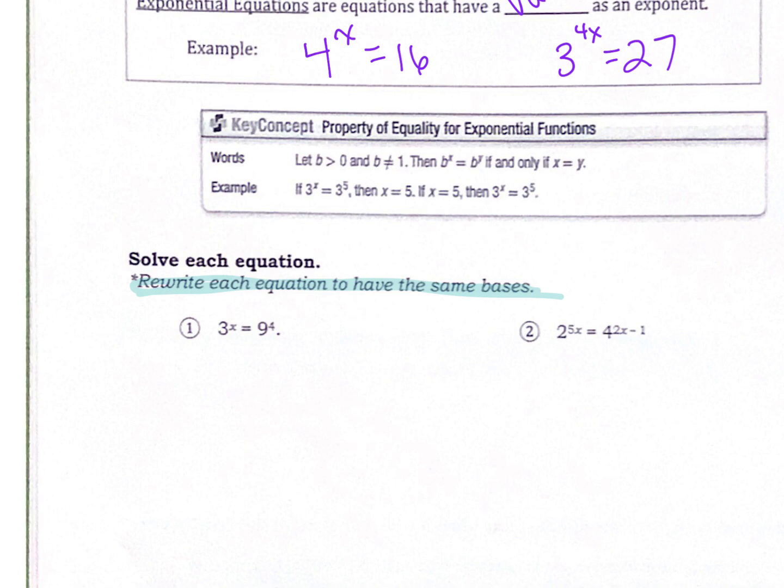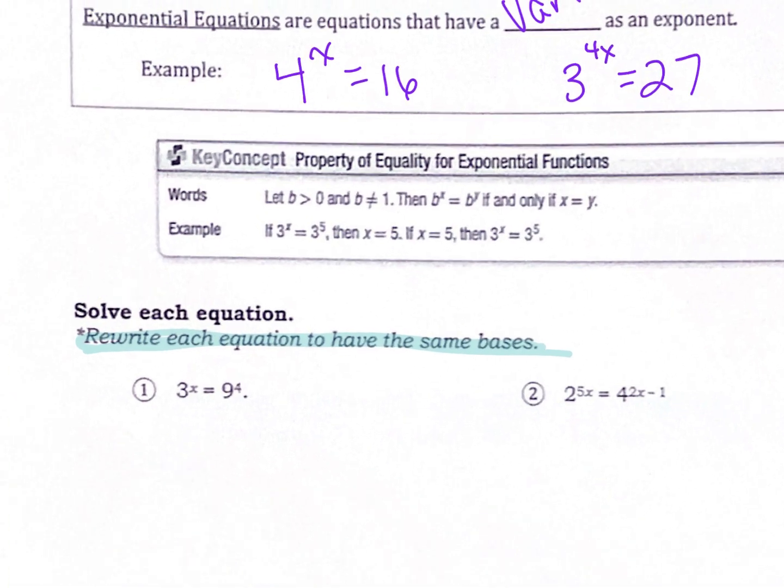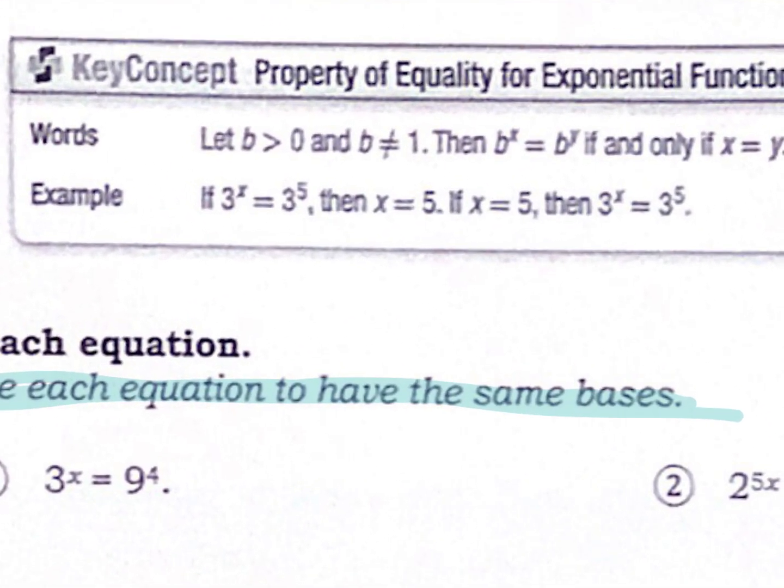Oops, I'm jumping the gun. I'm just getting excited. Okay, I think the easiest way to understand what the idea is here is by looking at this down here. If we have 3 to the x is equal to 3 to the 5th power, right? So our bases are the same. So what that's telling us is that whatever's going on, those two things have to be equal to each other.